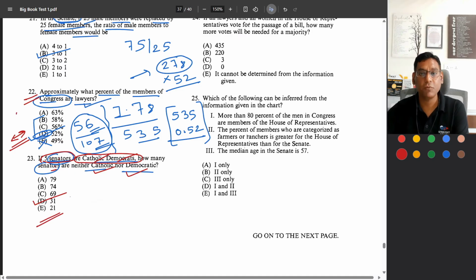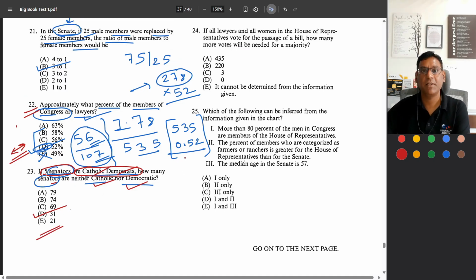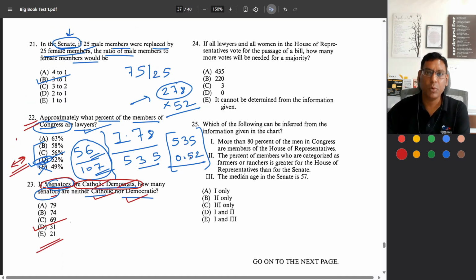So for these type of questions, you need to keep some time aside because you are bound to encounter 2 or 3 questions like this. So for the easier questions, speed is the game. For difficult questions, concept is the game. Okay, so let's move on.